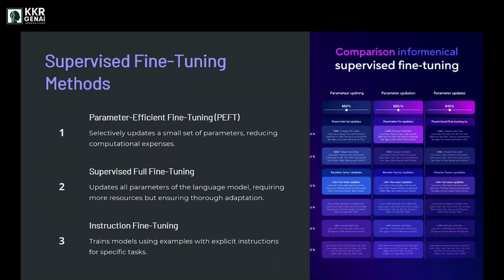Because if you know about LLMs, they have billions of parameters, but you want to fine tune them as per your domain specific knowledge. So with less data, less cost and fewer resources, parameter efficient fine tuning is the best way. There are other methods as well.